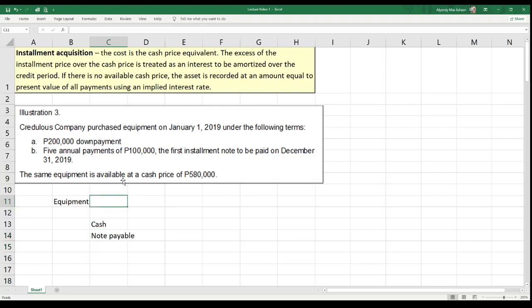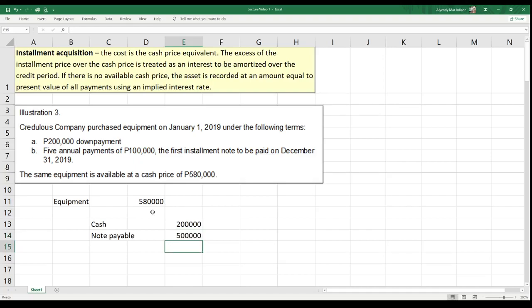The equipment will be on its cash price equivalent, that is 580,000 pesos. Okay, so pila ang cash? Ang cash nga ibayad is the down payment of 200,000. Now, pila ang note payable? The note payable is the 100,000 multiplied by 5 annual payments, so that is 500,000 pesos.